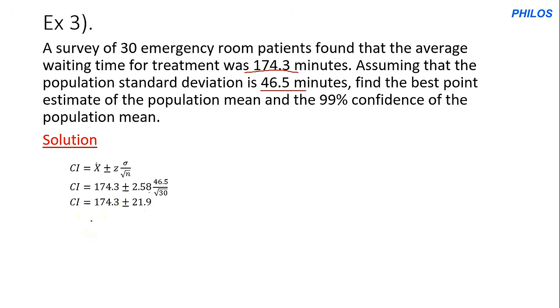So we'll take 174.3 minus 21.9 separately, and that will give us 152.4. When you also take 174.3 plus 21.9 separately, you get 196.2. So the answer is 152.4, 196.2. So you conclude that one can be 99% confident that the population mean will be between 152.4 and 196.2.